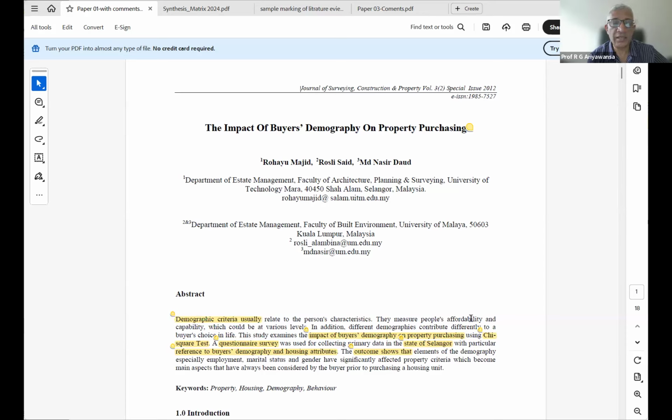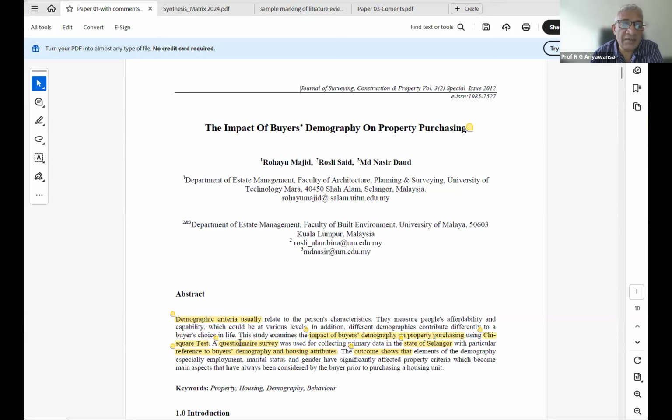Remember, in an abstract it is not required to provide citations. Therefore, we don't include citations. That is why within the brackets you can't see anything, right? It is a special practice. We don't include any reference in the abstract.